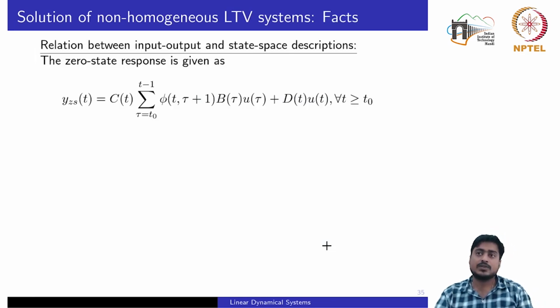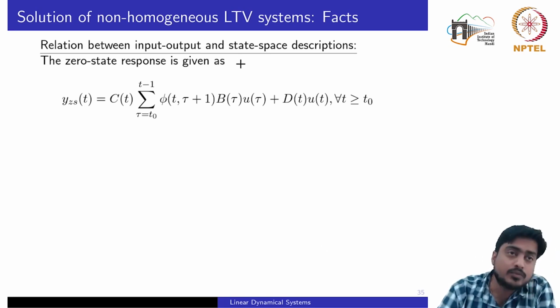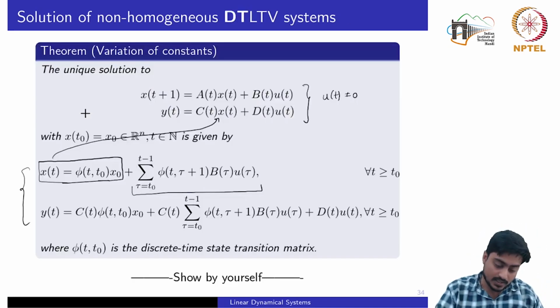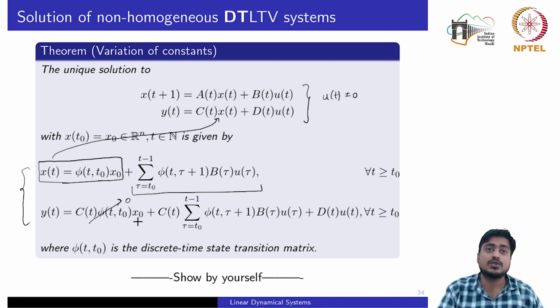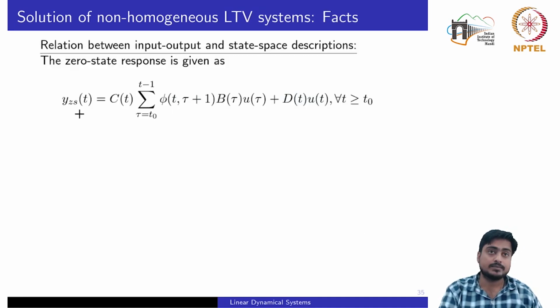Now coming on to some interesting facts for the LTV systems. Again, the relationship between the input, output and state space description. This is the zero state response. If we go to the last slide, if I put x naught equal to 0, then the only part remaining is this one. So this I am denoting as the zero state part.